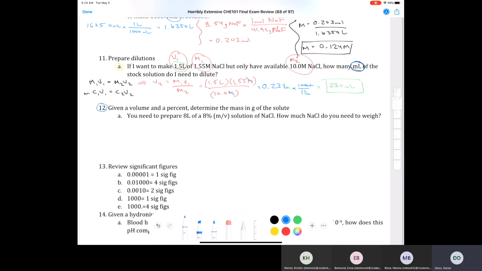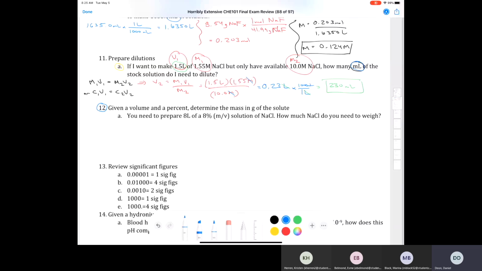It says, given a volume and a percent, determine the mass in grams of the solute. So it says here that you need to prepare 8 liters of an 8% mass over volume solution of sodium chloride. How much sodium chloride do you need to weigh?